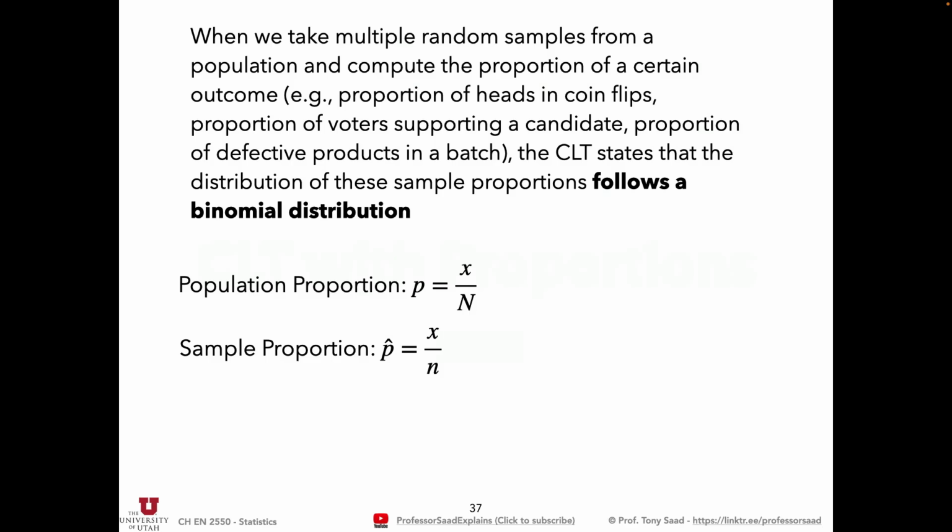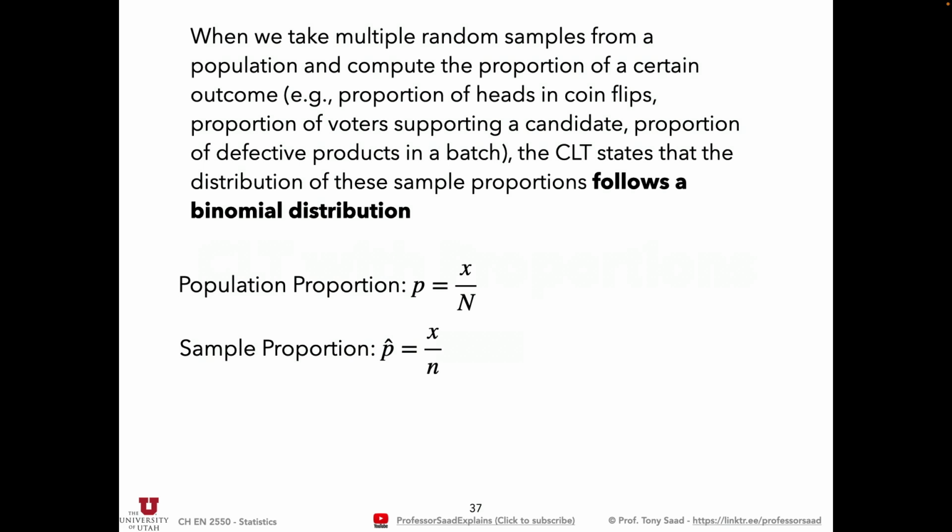For proportions, you simply take the number in your population or your sample and divide it by the total. For a population, you take the value in the population, say 50 people, and divide it by the total, 1,000, or 100, whatever is in your total population.